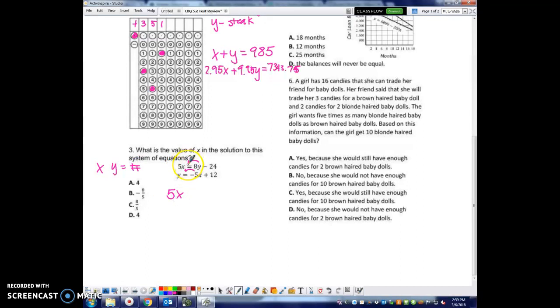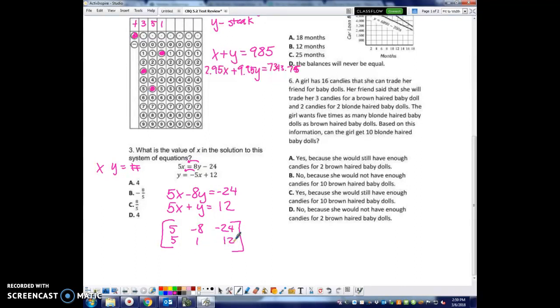When we move the y over the equal sign, it becomes a negative 8y equals negative 24. Okay, and then we need the x here, so that 5x moves over here, becomes a positive 5x plus y equals 12. Okay, so your matrix is going to be 5, negative 8, negative 24, 5, 1, 12.